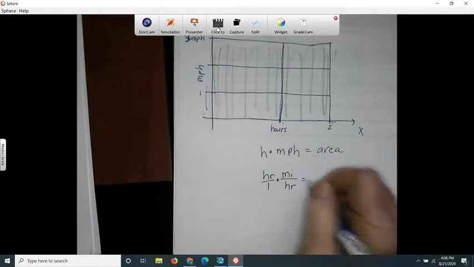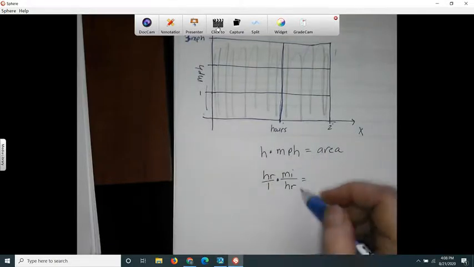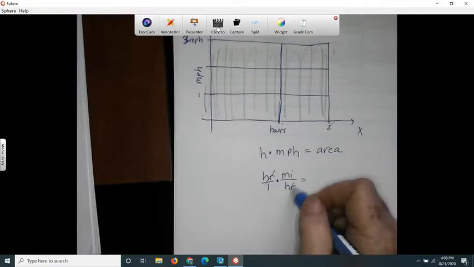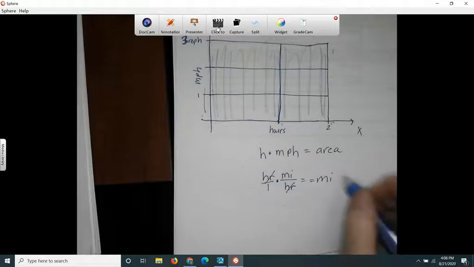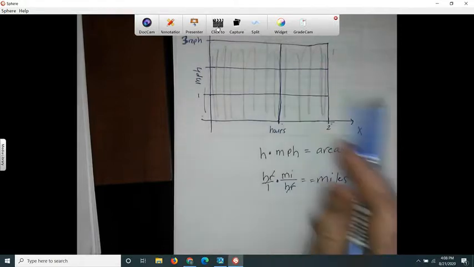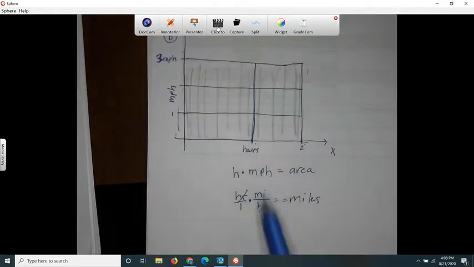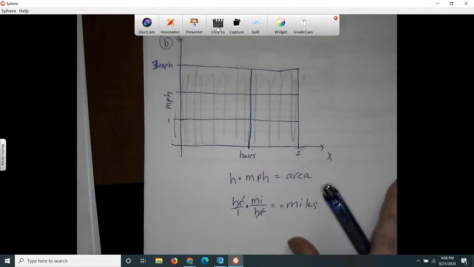And I can do fraction math, or we call it dimensional analysis. Ta-da! So this is just an introduction to a calculus concept that has to do with area under a curve. And so I hope that made sense.